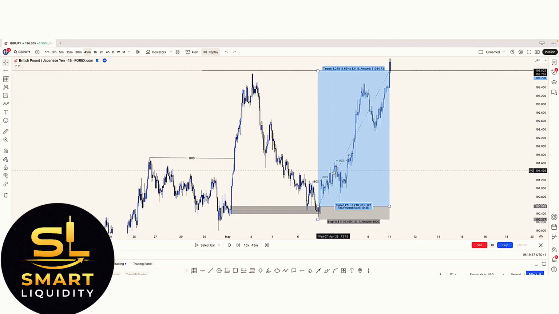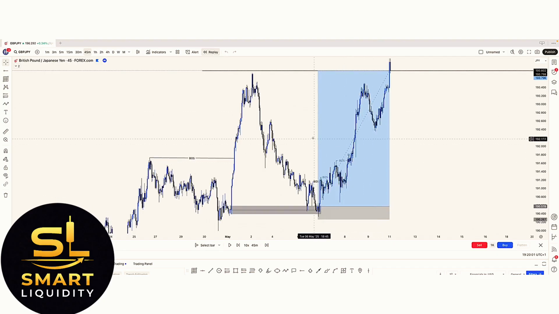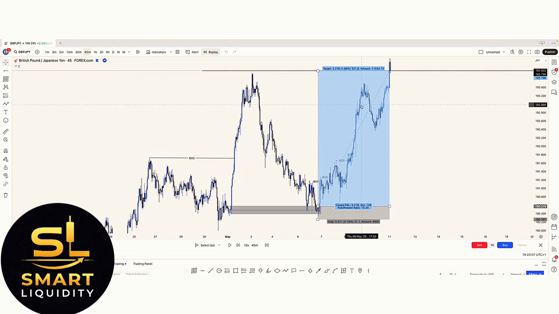So as it is looking smooth like this, it was not that smooth when I was holding this trade. Having the mind to nurture your trades like this, hold and hold and hold until it gets to your take profit, requires a lot of strong mindset.